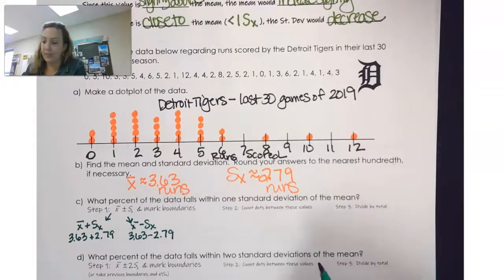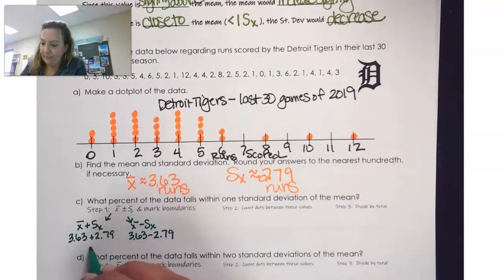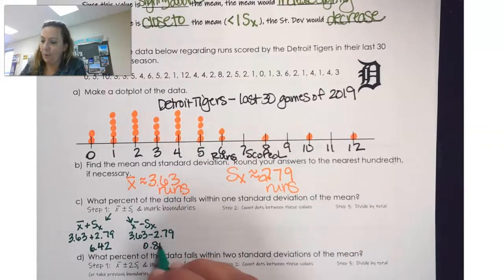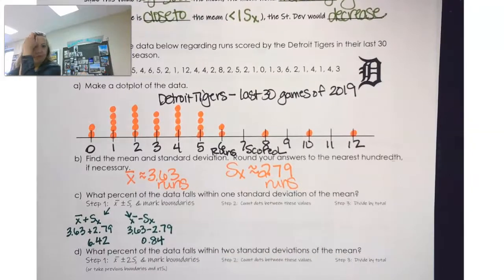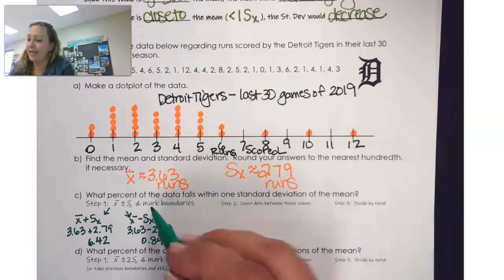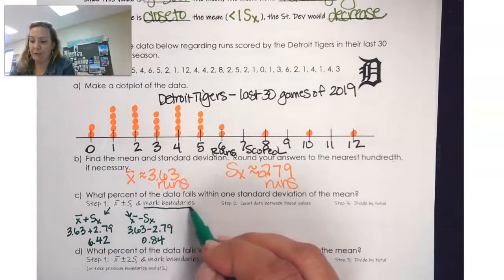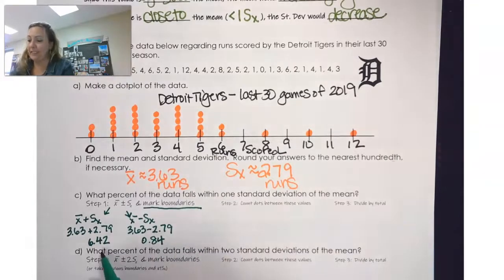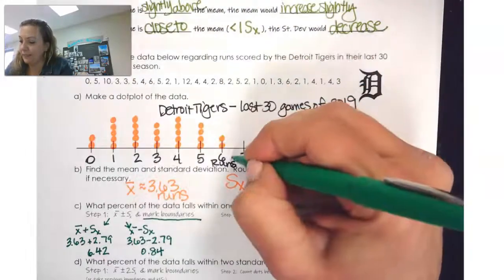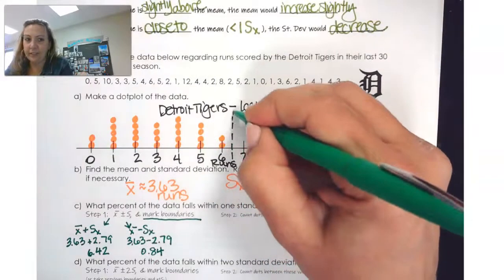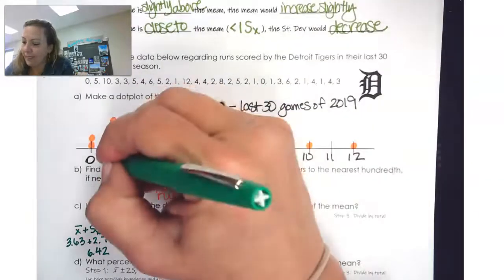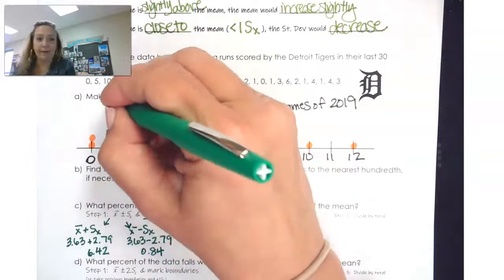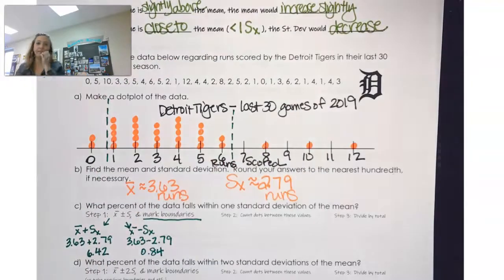When we find what those are, this ends up giving me 6.42, and this ends up giving me about 0.84. Okay. It also asks us to mark these boundaries. So my 6.42 is going to be about right here, and my 0.84 is going to be about here. Okay.